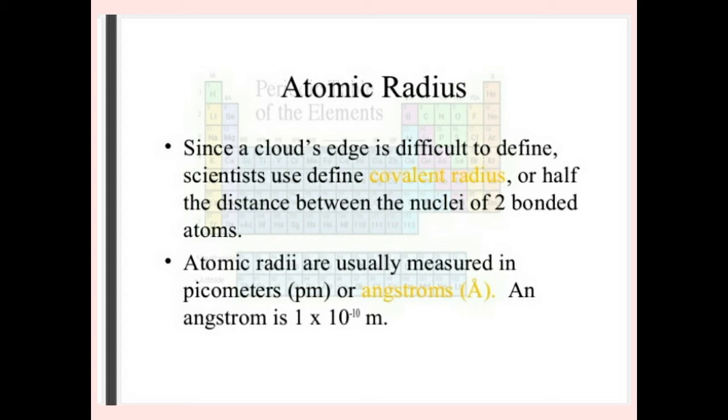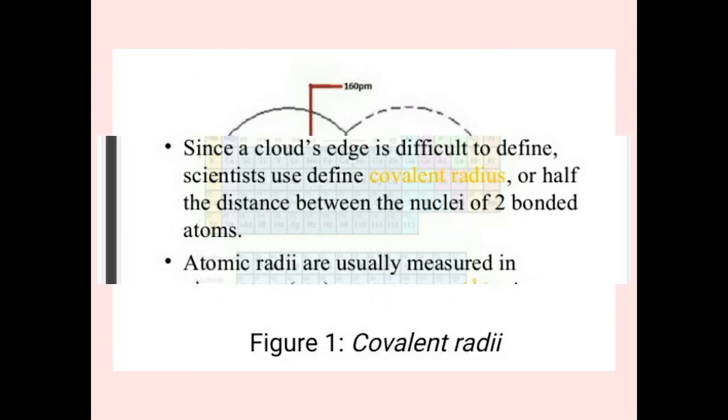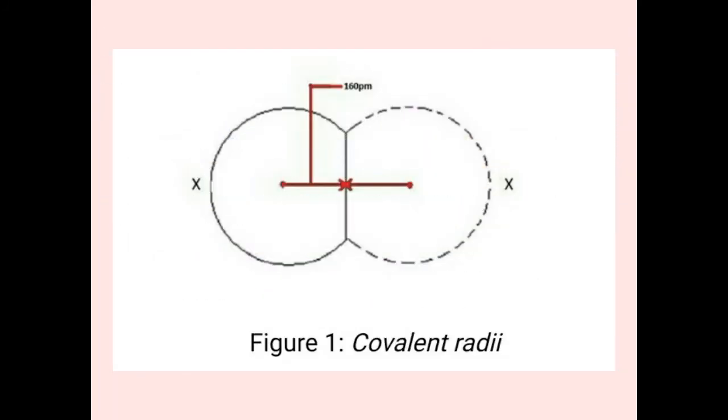So first of all we will start with covalent radius. Now what is this covalent radius? Suppose we have two atoms, X1 and X2, and they both are forming a covalent bond with each other. In covalent bonds there is overlapping of atoms over each other.